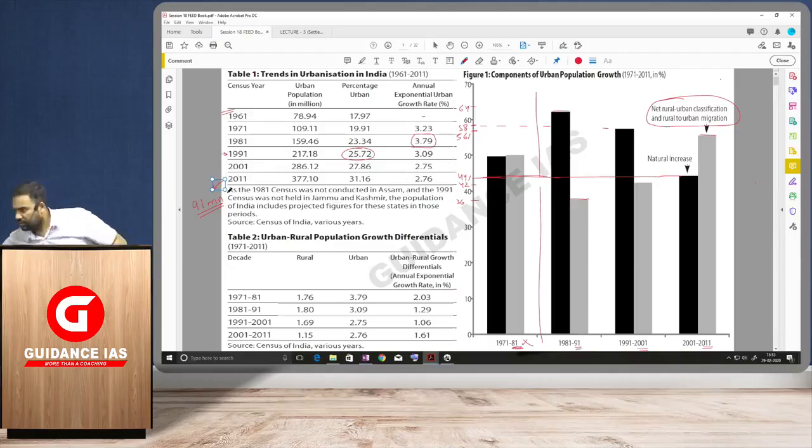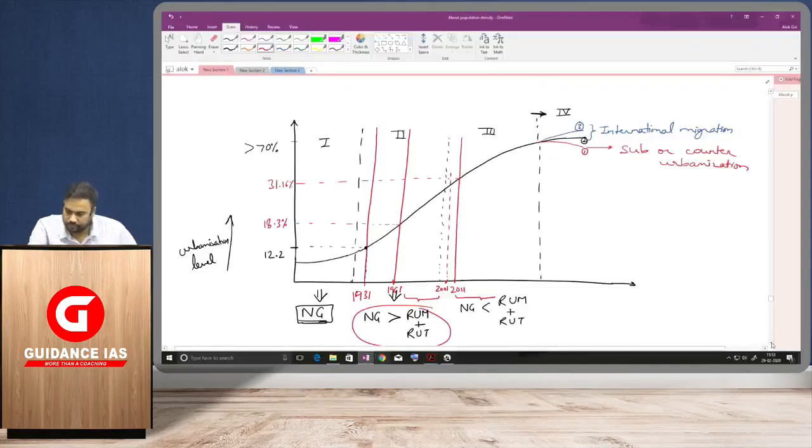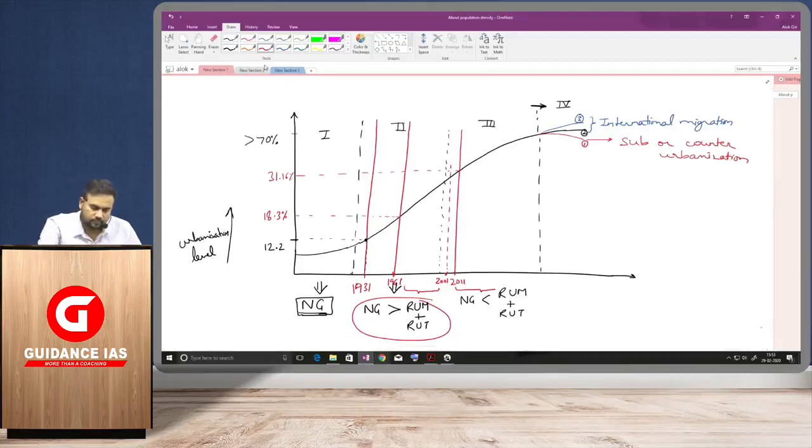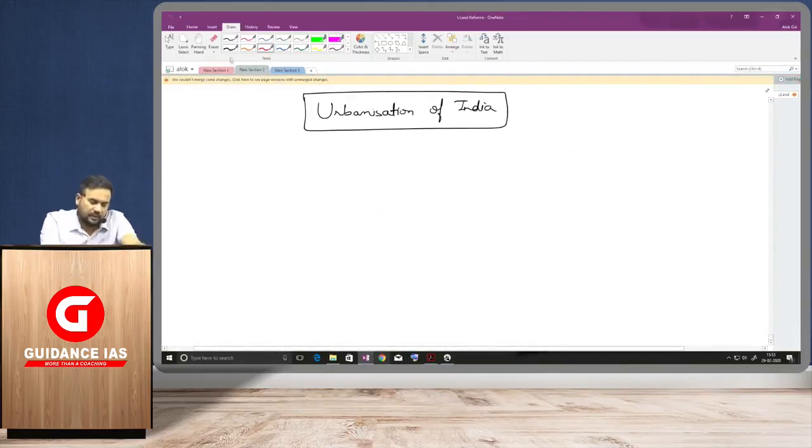Now in this we can see some patterns of India's macro urbanization. Now, one important pattern which we can see here is some important characteristics. Now I am writing the heading: some important characteristics of macro urbanization pattern of India.